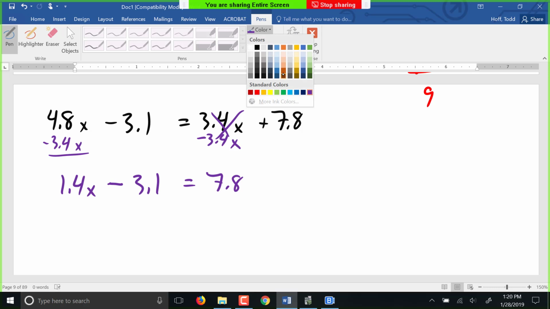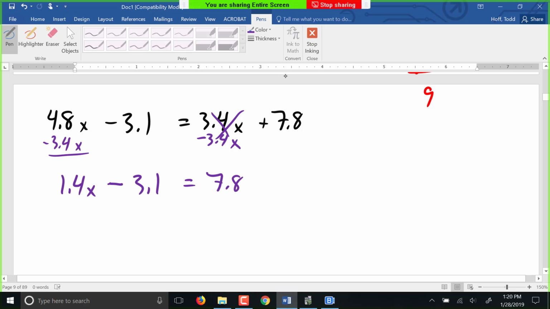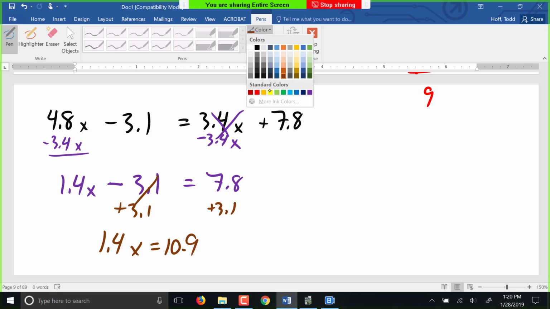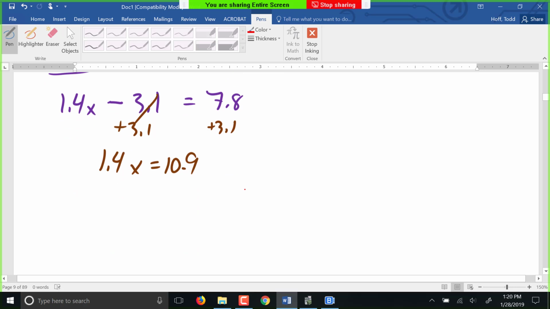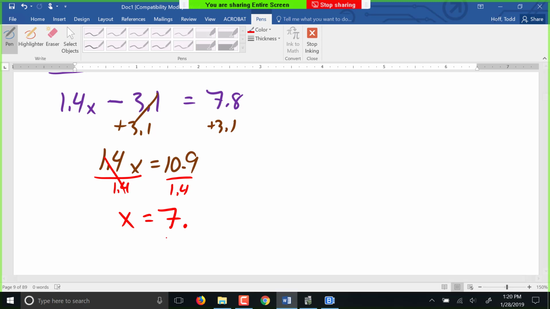Then what? We add 3.1. So 1.4x equals 10.9. And then we divide by 1.4. So x equals 7.79.